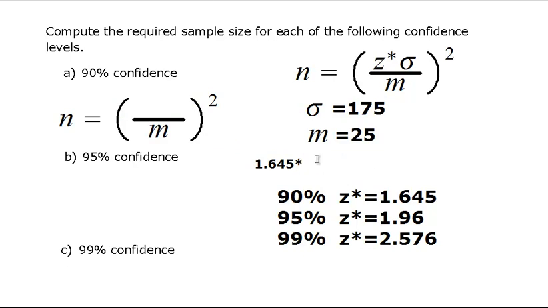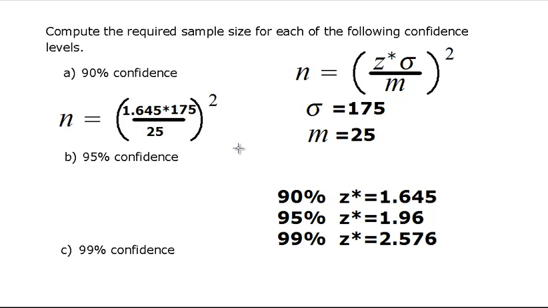Okay, so let me write it down: 175. So we have this as our numerator, and in the denominator we will have simply 25. And we can use any simple calculator to obtain these quantities.